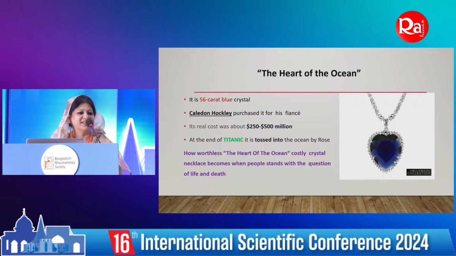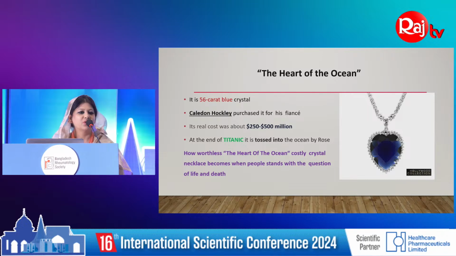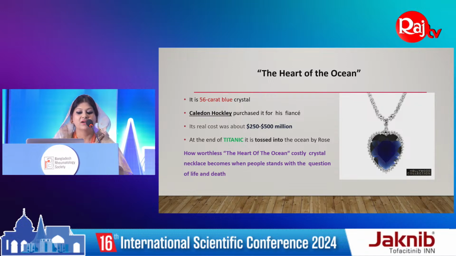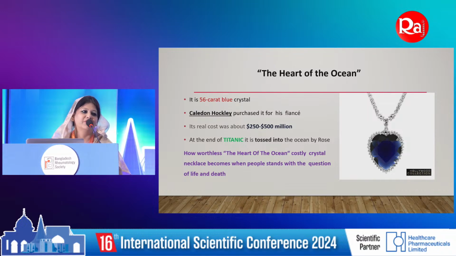But what you have seen, at the end of the Titanic, Rose tossed it into the ocean. Because how worthless this costly crystal necklace becomes when people stand with the question of life and death.